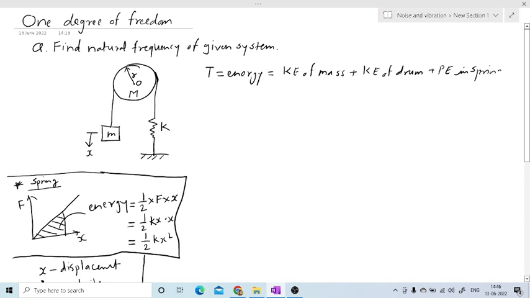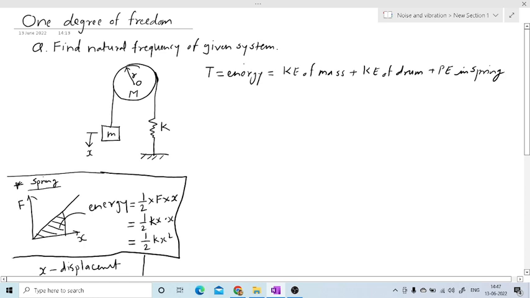When I add all these energies, this total will remain constant during the vibration. Now the kinetic energy of the mass, which displaces by distance x, will be 1/2 mv square.